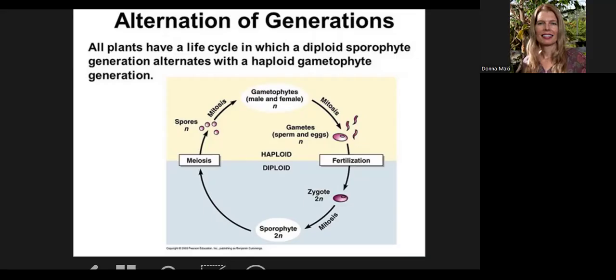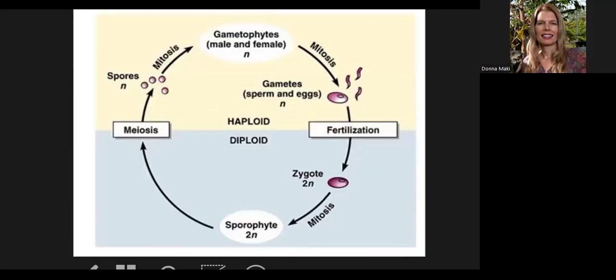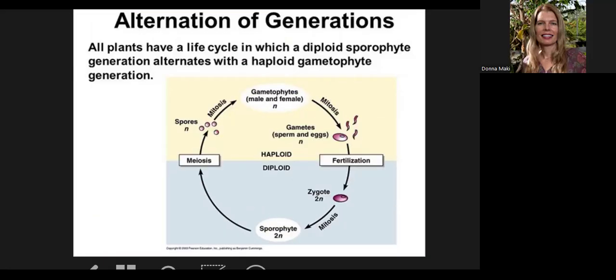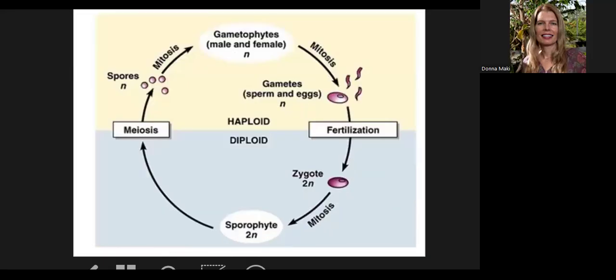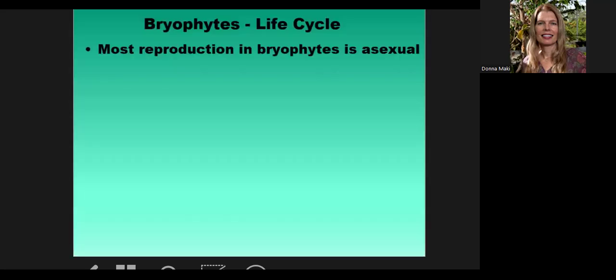Yes, absolutely. So with the bryophytes, they spend most of their time in the gametophyte phase. So this is just the same thing blown up without the words on the top. Okay, so let's look at it in words. When you think about the bryophytes, most of the time they can do asexual reproduction quite easily.